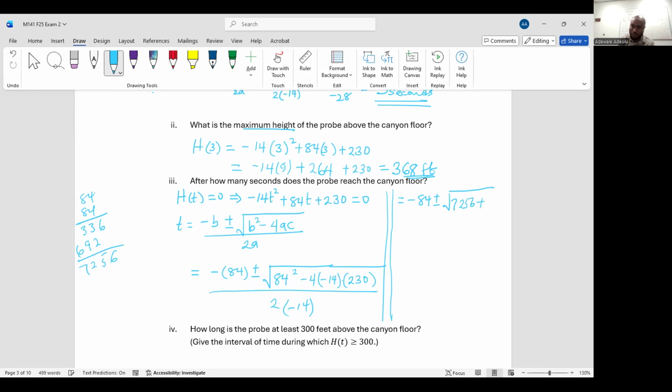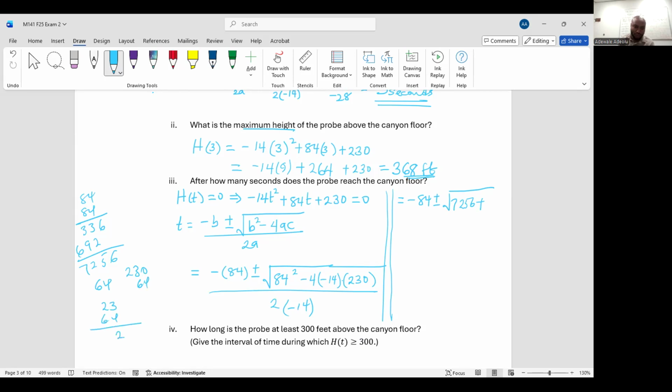Minus times minus is plus. So I need to do 4 times 14, that is 56. So I need to multiply 230 by 56.